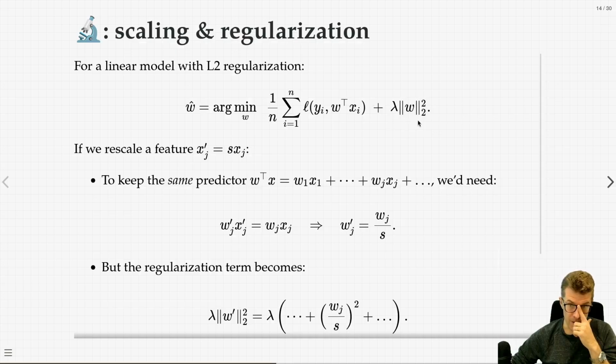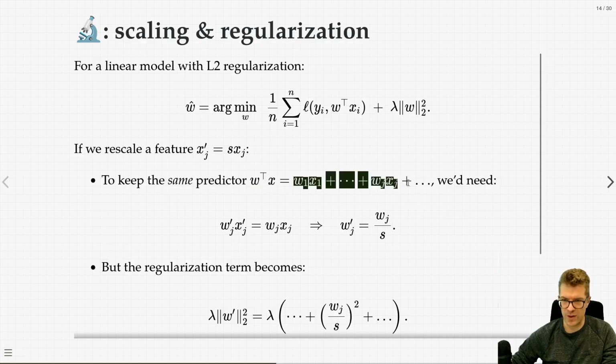Now imagine we have rescaling a feature. The original feature is x sub j. We scale it by some factor s, and this gives us a new feature x prime sub j. So to keep the same predictor, w x, so we had this previous predictor, but now we scaled things.